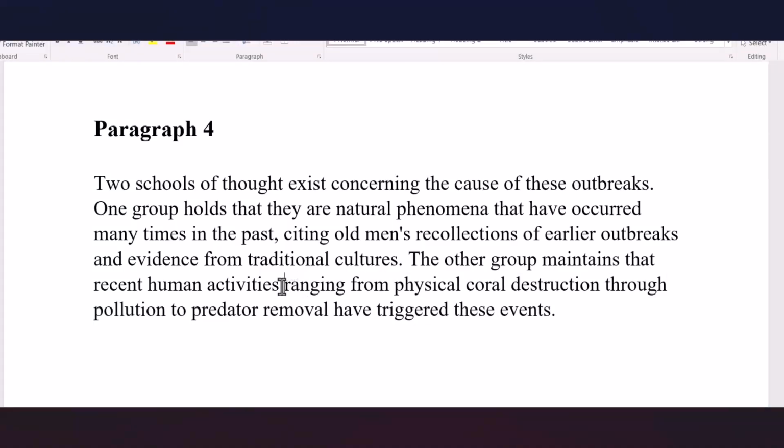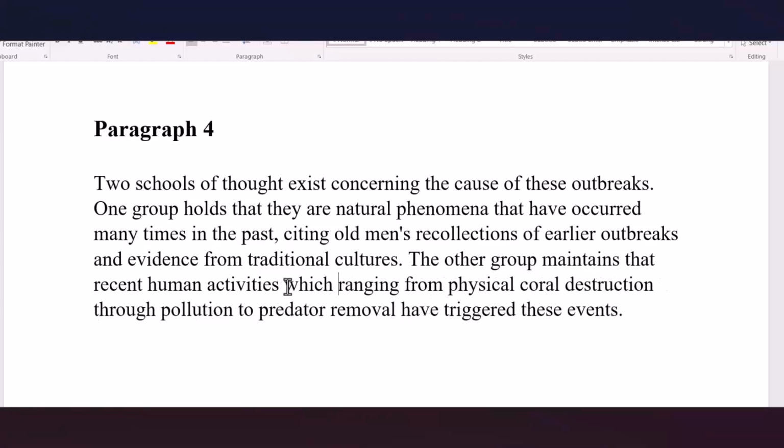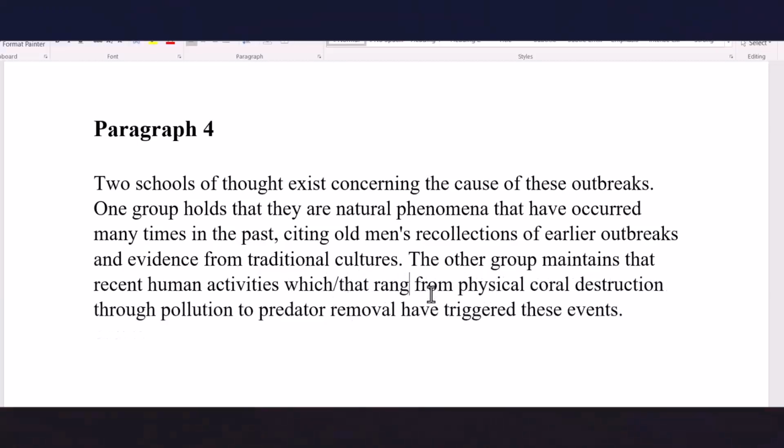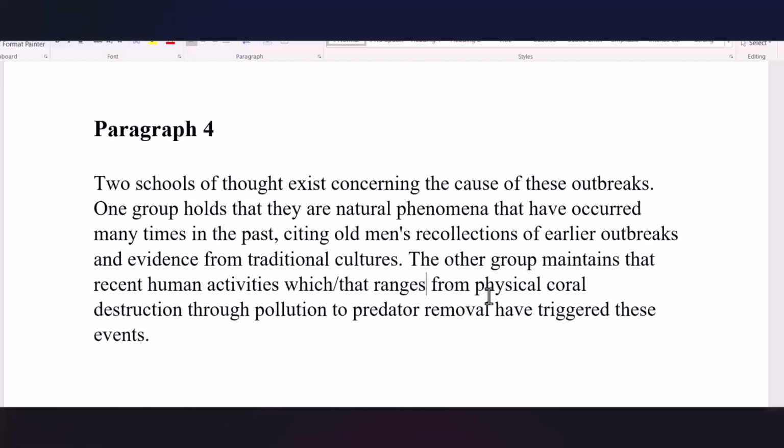And the original sentence had which or that: which ranges from physical coral destruction through pollution to predator removal have triggered these events.